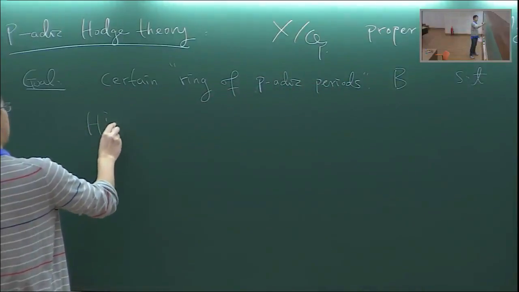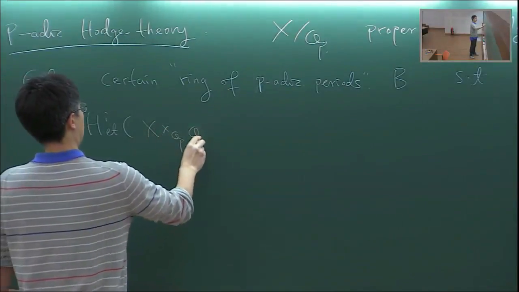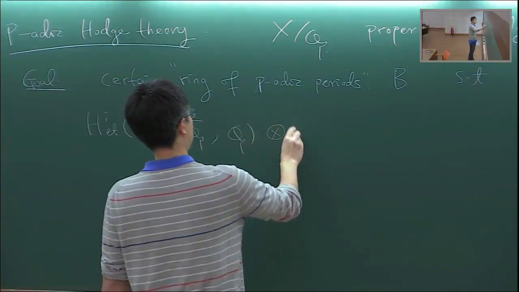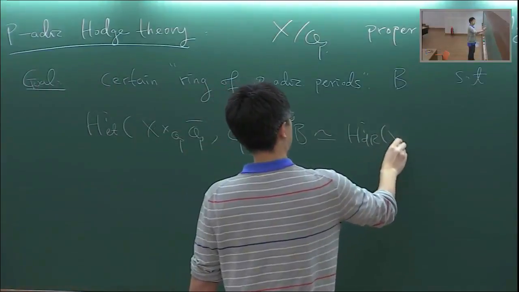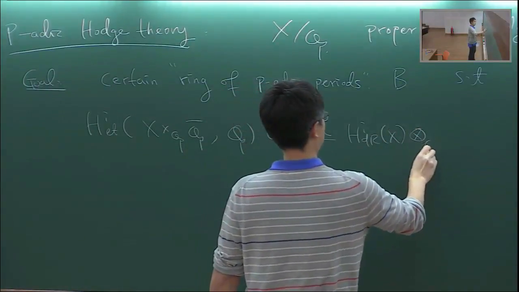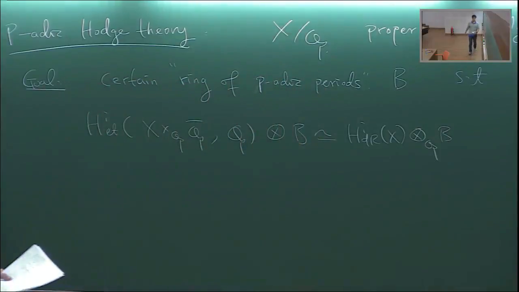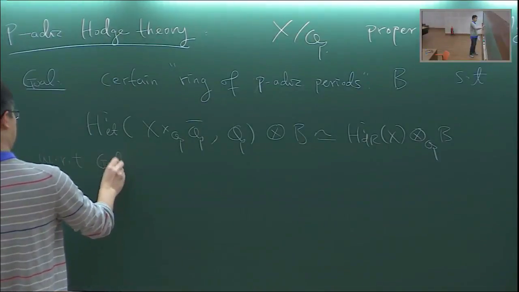we have the cohomology of X bar tensored over this B isomorphic to the de Rham cohomology of X, also base changed to B, because at this moment we are over Q_p, and also with respect to the Galois action.